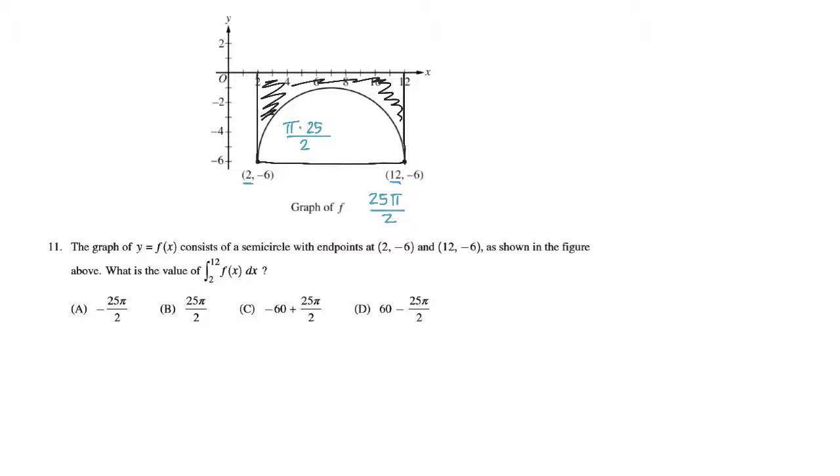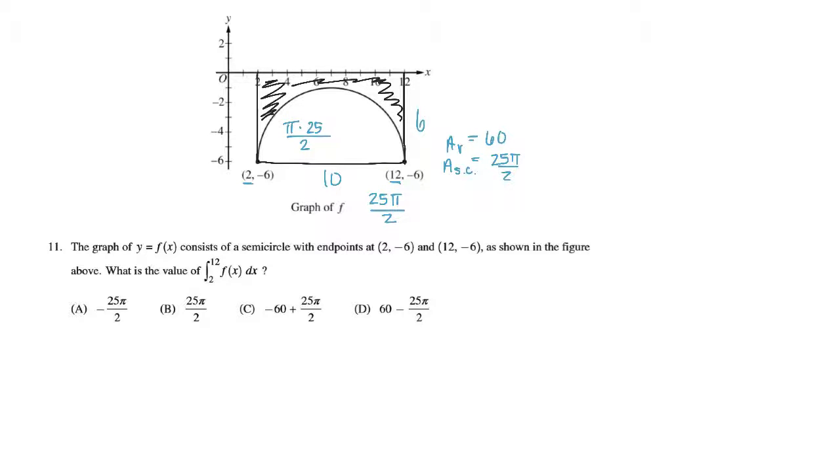Now let's go find the area of the rectangle. Well, the area of the rectangle, length times width, so the length is going to be 10. Width is 6, so that means the area of the rectangle is going to be 60. And the area of the semicircle, we found that to be 25 pi over 2.